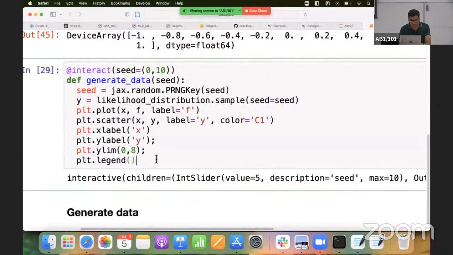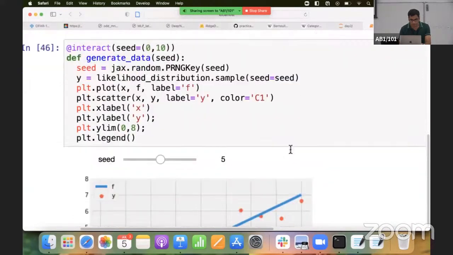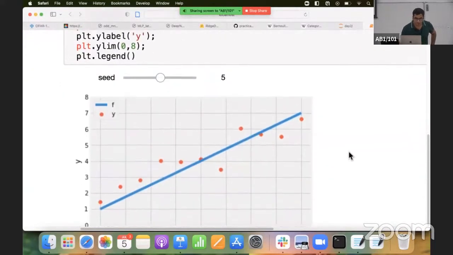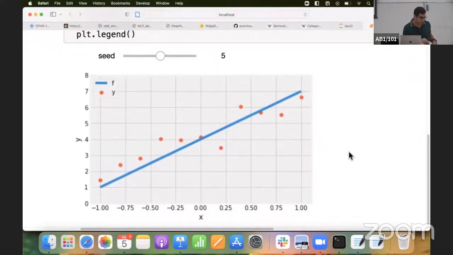Now let's see some samples drawn from this distribution. In fact, there's another important detail to it, so I'll have to write this again.